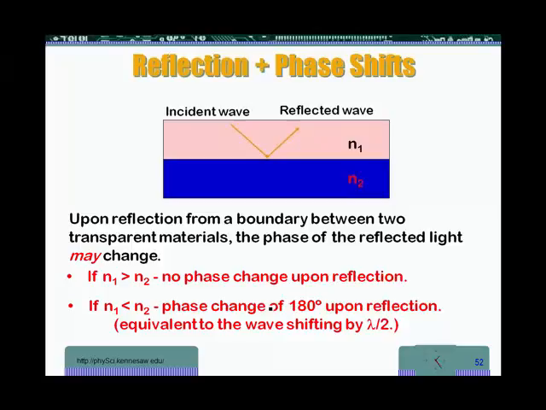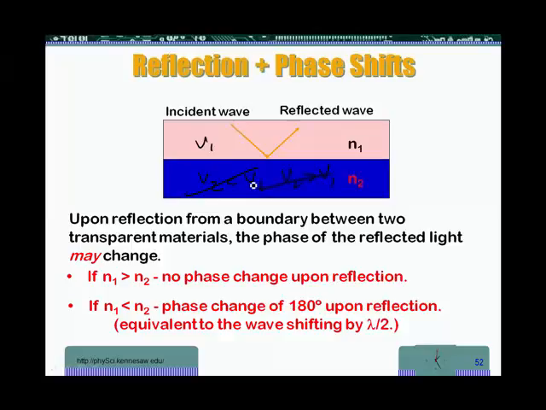If you recall, whenever a wave is moving in one medium with a speed v1 and it moves into a second medium with a speed v2, if v2 is less than v1, the reflected wave is going to undergo a phase change, or it's going to flip upon reflection. If instead v2 is larger than v1, the reflected wave is not going to undergo that phase change.